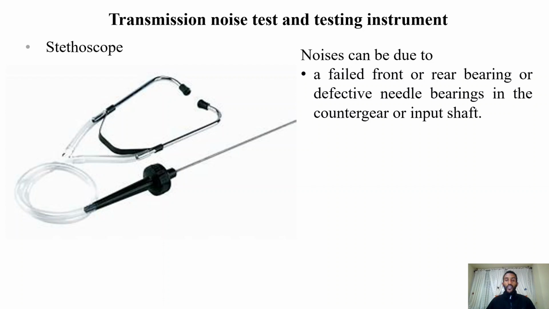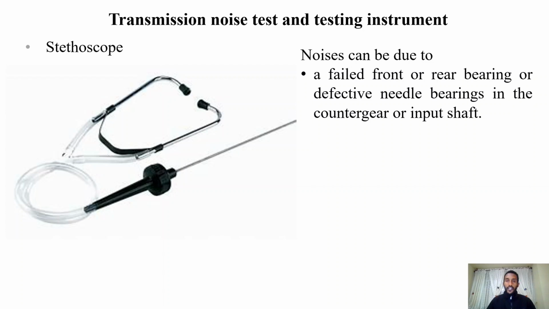So if this bearing fails, we hear some noise. To detect that noise, we can put this simply on the suspected part and listen. This will magnify the noise, and we can decide whether it requires rebuilding or not.